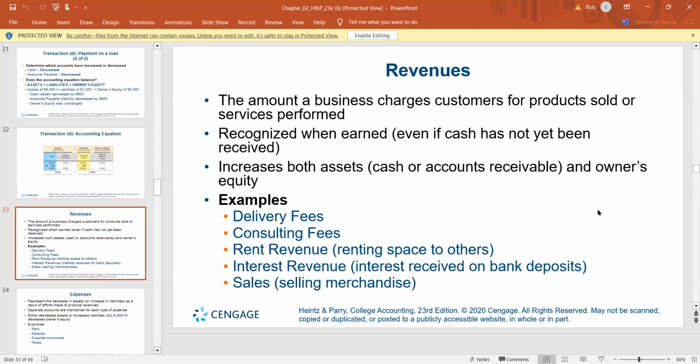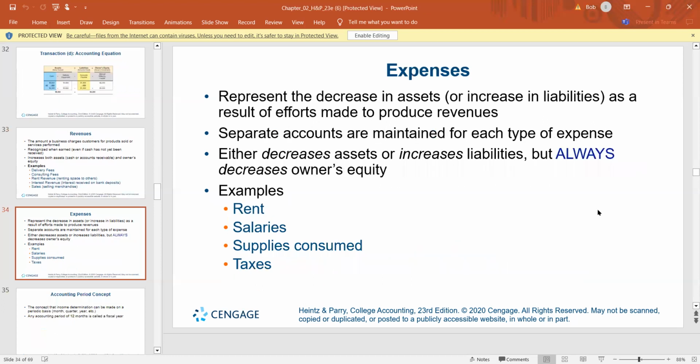A revenue increases equity. Can you remember that? Revenue increases equity. Expenses are the opposite. They represent the decrease in assets or equity as a result of efforts made to produce the revenue. Separate accounts exist for each type of expense.